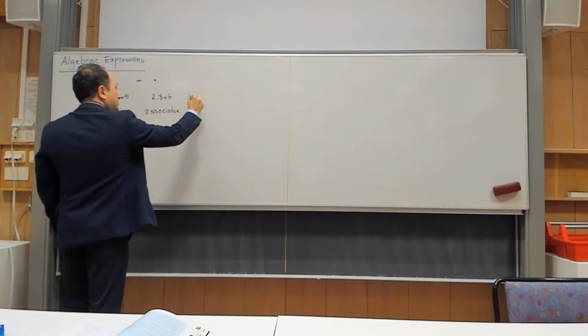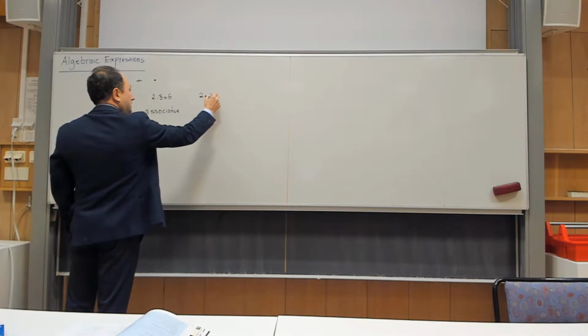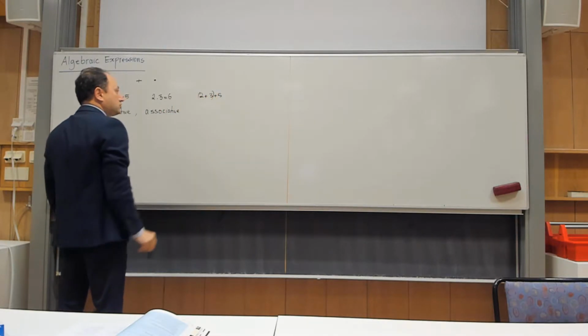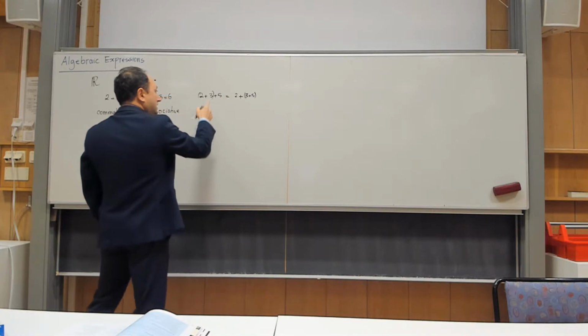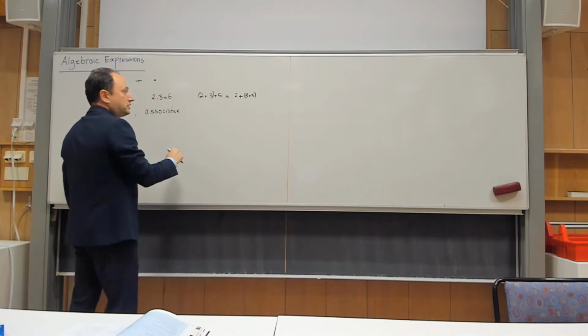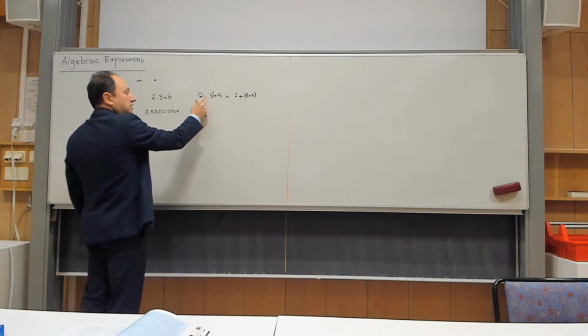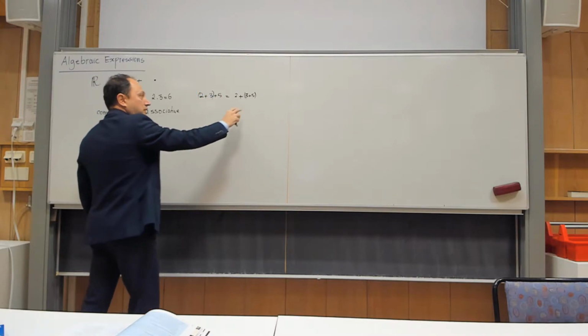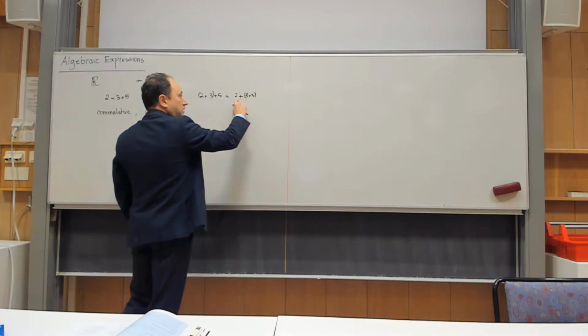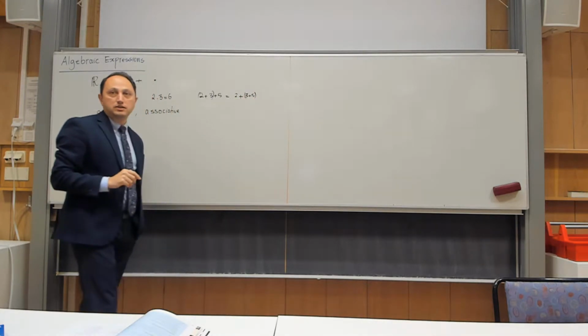If I write 2 plus 3 plus 5, it doesn't matter if I add these two first or these two first. The answer is definitely the same. Of course, the way we get there is different: here I prioritize this addition, it becomes 5 plus 5, 10. But here I prioritize this addition, it becomes 2 plus 8, the answer is again 10.